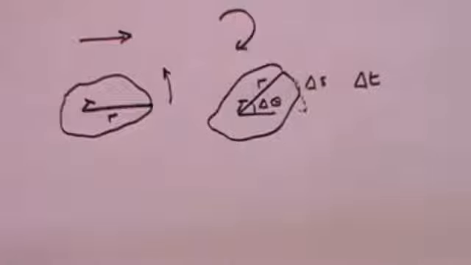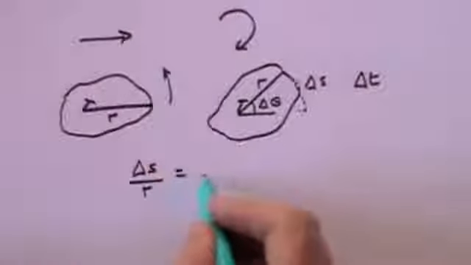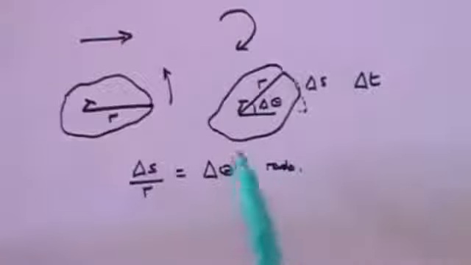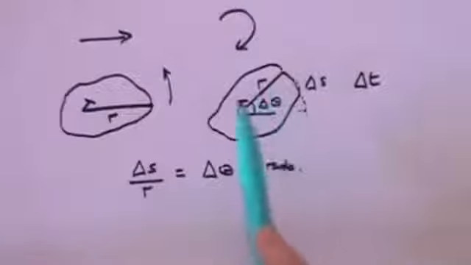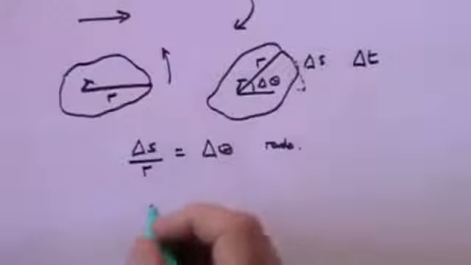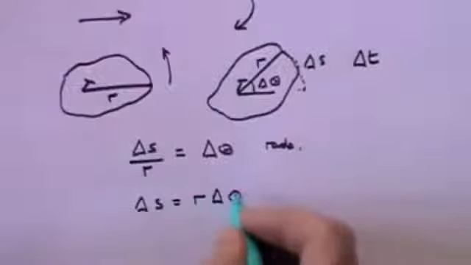Now, from our video on circular motion A-level physics, we showed that delta S divided by r equals delta theta in radians. That is the definition of an angle in radians. It is the arc length divided by the radius. So if we manipulate this, we can see that delta S is equal to r delta theta.